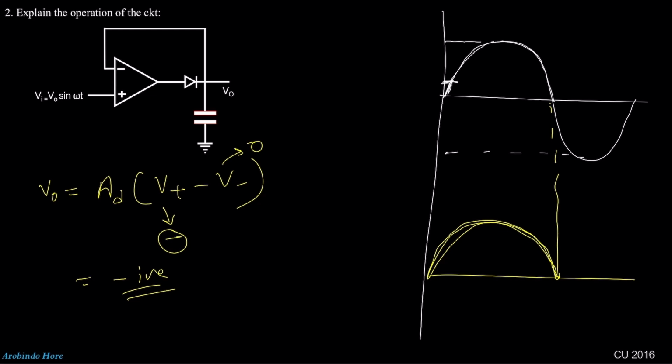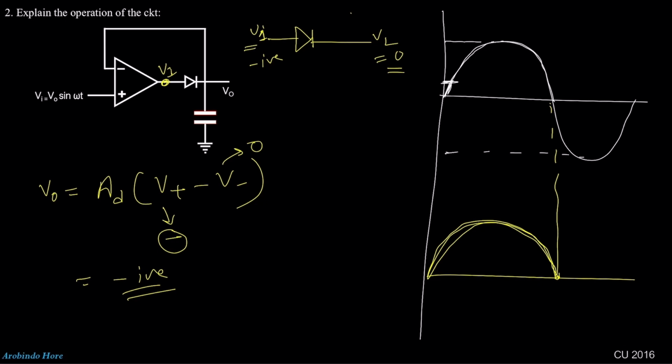And we all know that if we get a negative voltage here, suppose this is V1, the diode will be off. Why? Suppose this is the diode, here is V1 and here is V2. V1 is a negative voltage and for V2 I didn't give any voltage, that means 0. So V2 is the higher voltage and V1 is the lower voltage.